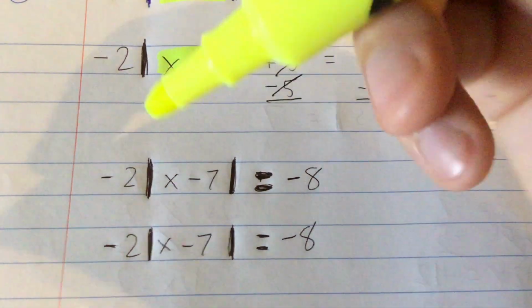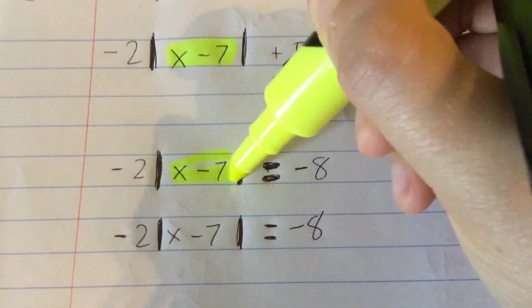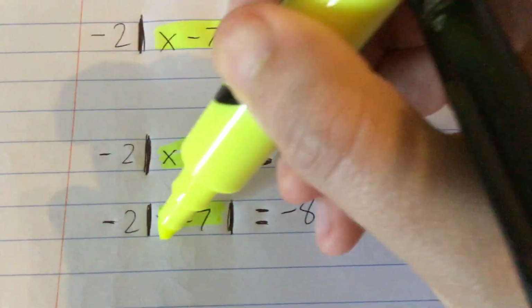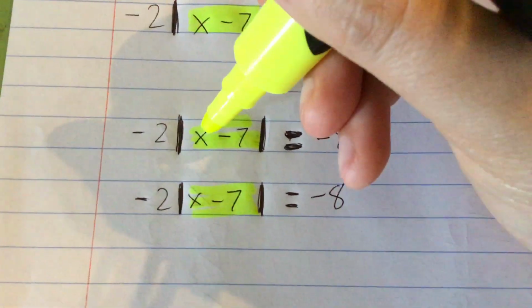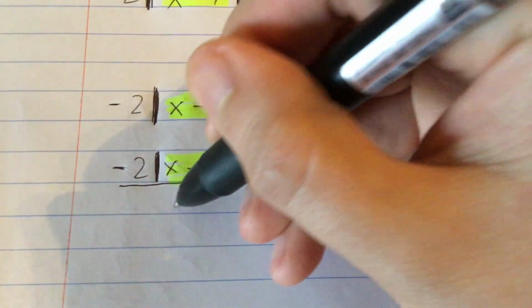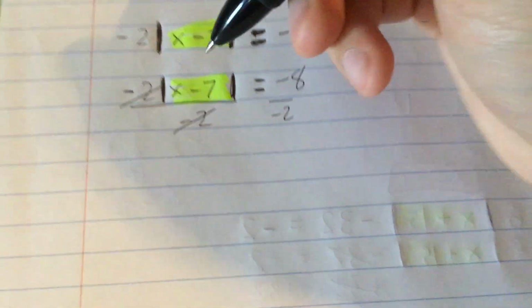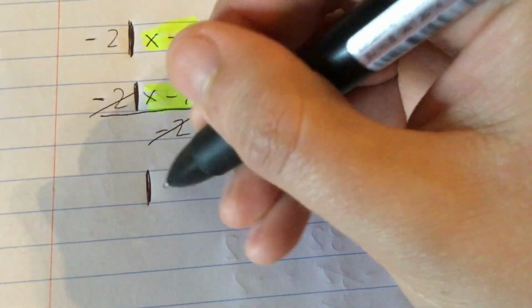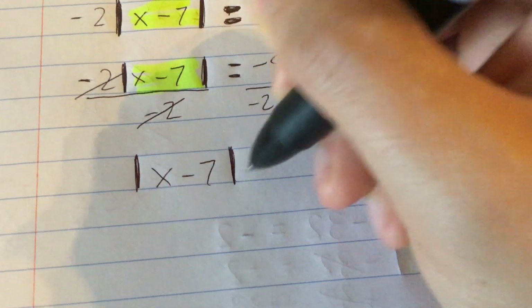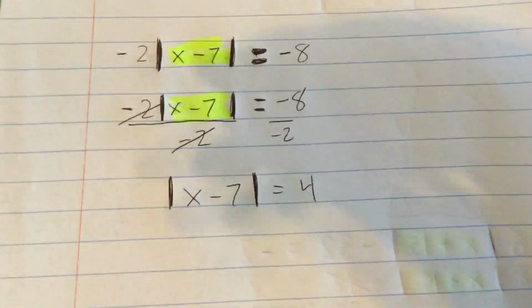Are the bars isolated? No. So for the final undo step, I need to divide both sides of the equation by -2. Now I've got the absolute value of x minus 7. Negative 8 divided by negative 2 is positive 4.